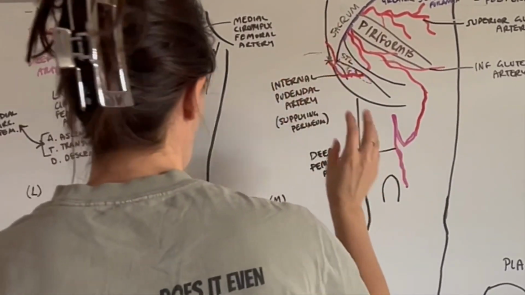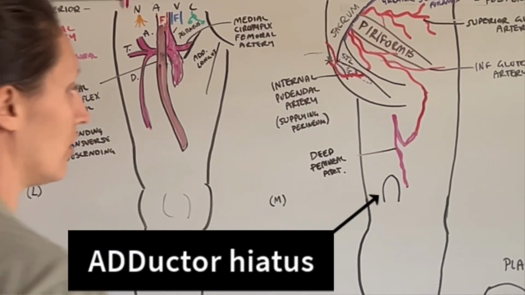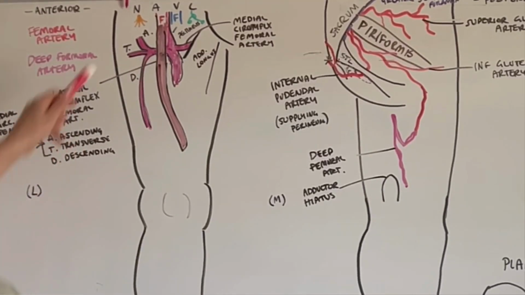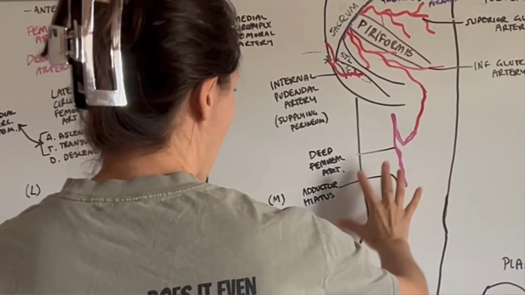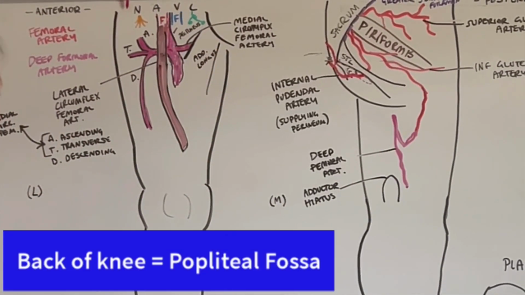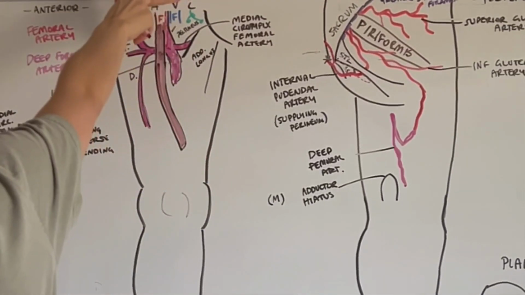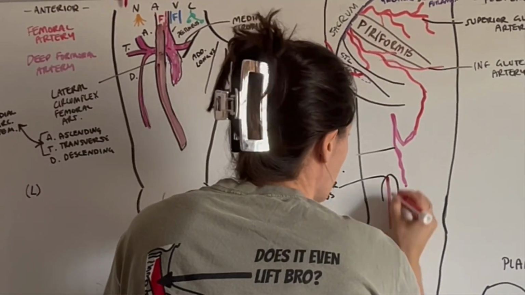And so this hole is called the adductor hiatus. So through our adductor hiatus is actually where our femoral artery goes. And it ends up right here in the back of the knee that we call the popliteal fossa. So femoral artery supplying our anterior thigh muscles ends up in the popliteal fossa.